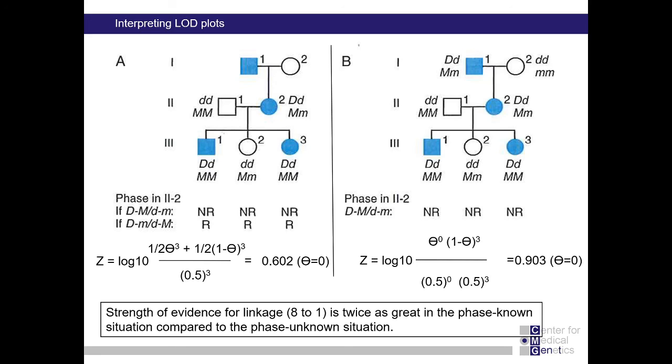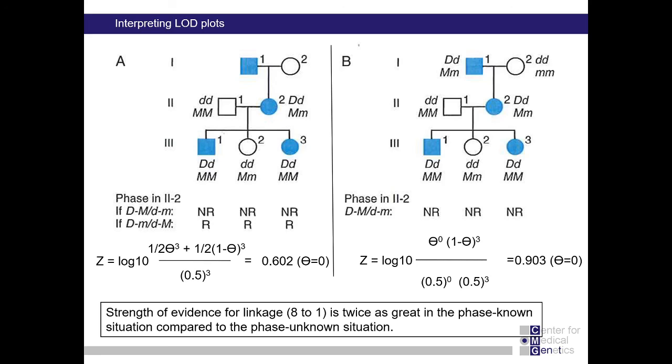What about B? In B, everything is known, but the phase is unknown. You have big D, big M, small d, small m, non-recombinant. So from this, what can you gather?